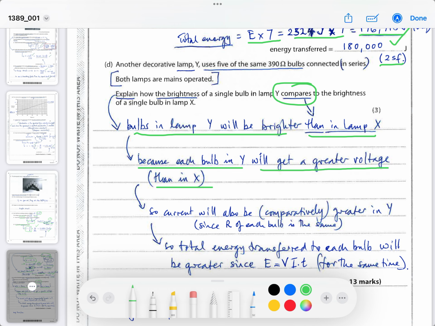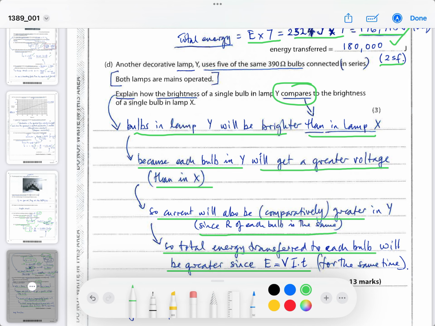So the current will also be comparatively greater in Y. Why? Because the resistance of each bulb is the same, but the voltage is more. So the total energy transferred to each bulb will be greater because of E equals VIT.